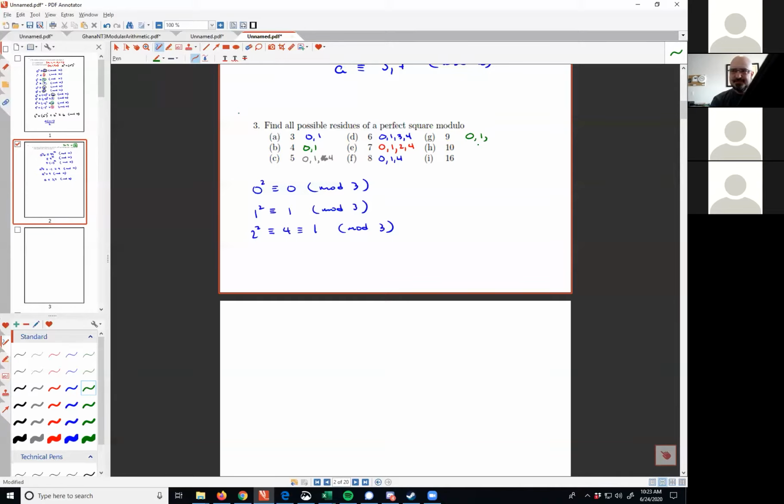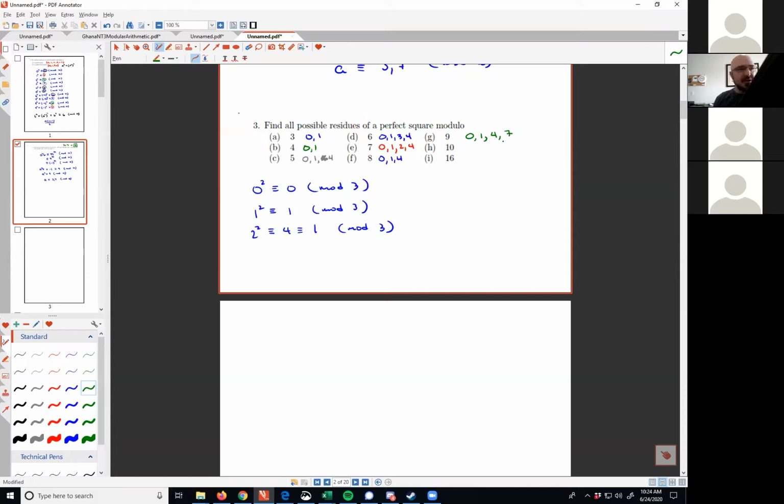Any others? 5. 4 and 5. I don't think we get 5. What could we square to get 5 modulo 9? Sorry, I meant 2. When you square 4, it gives you 16. And if you try to divide, sorry, I made a mistake, 7 left over. 16 is 7 modulo 9. Turns out we just have 0, 1, 4, and 7.